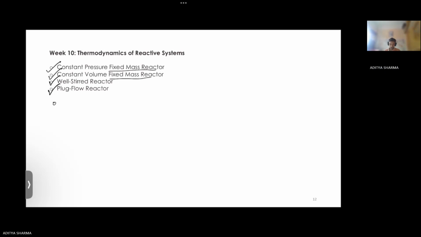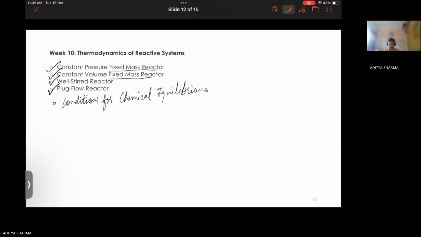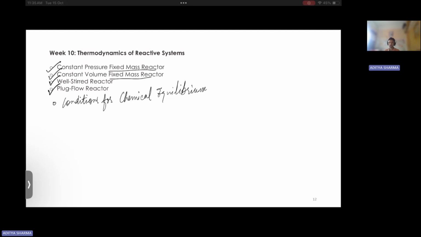One more topic here is conditions for chemical equilibrium. There are two properties: one is the Helmholtz function, and another is the Gibbs function.